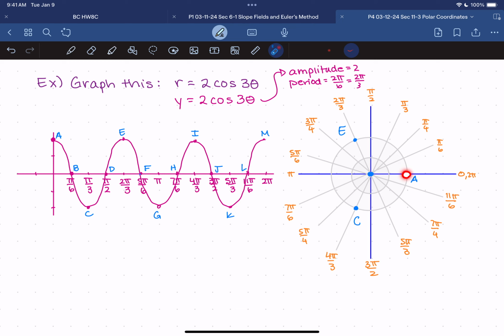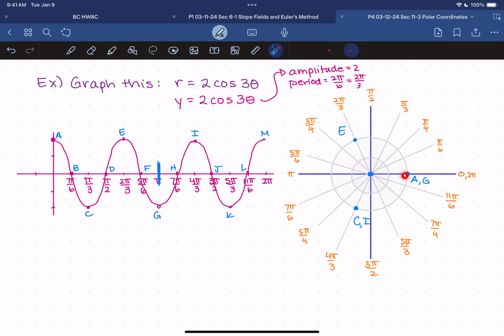G is actually going to take me back to A. It looks like I'm going to repeat now. So it looks like I only needed to go halfway to figure it out. Let's just spot check and see. H would take me back to the origin. I would be at 4 pi over 3. And 4 pi over 3 is along here with, yeah, it does look like I'm repeating myself now.